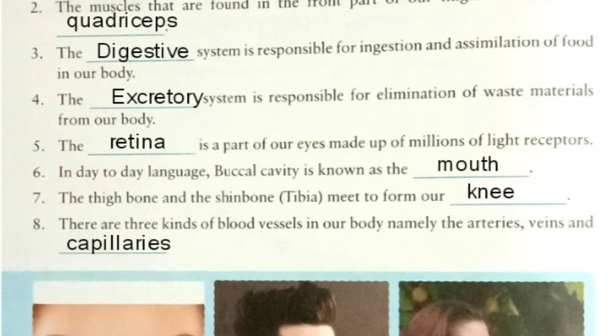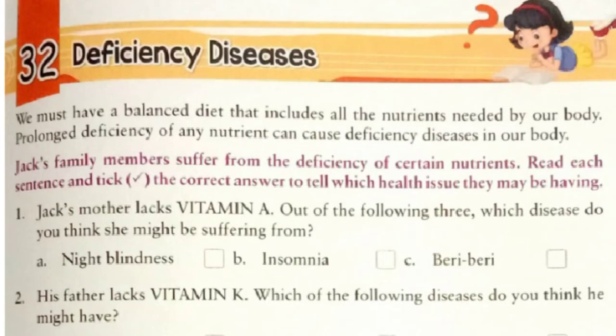So with this we have completed exercise 31. Let's move to our next exercise. So here is our exercise number 32, deficiency diseases. We must have a balanced diet that includes all the nutrients needed by our body.